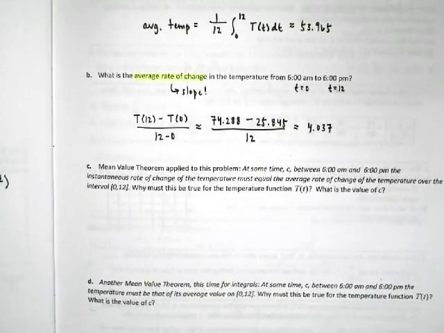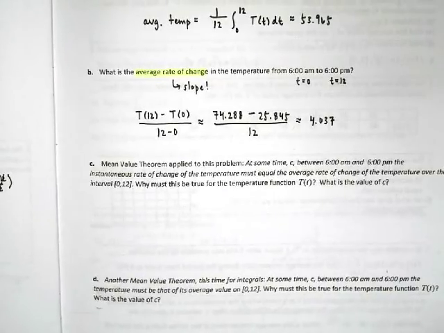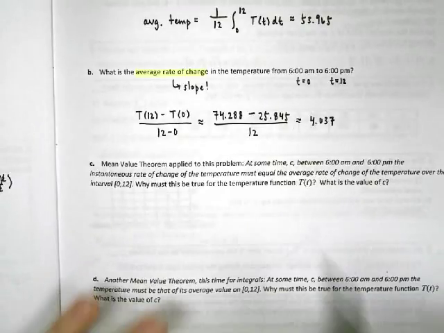Okay. So for our next one, now we're going to use the mean value theorem. Now remember, the mean value theorem says if a function is continuous on a closed interval, the function is going to take on its average value at some point c over that interval. So let's see.